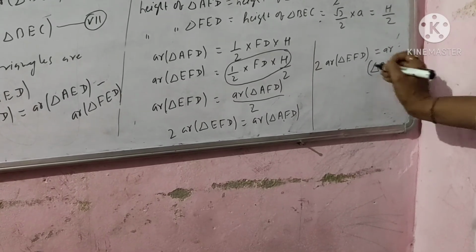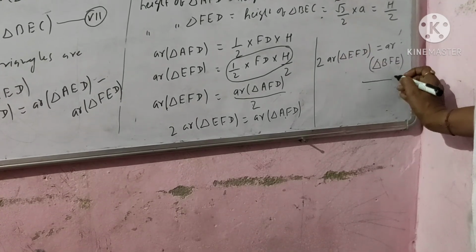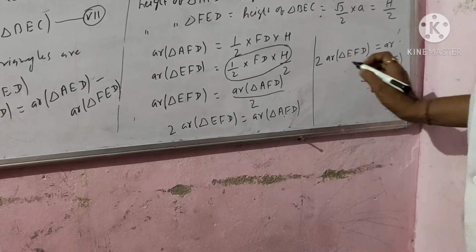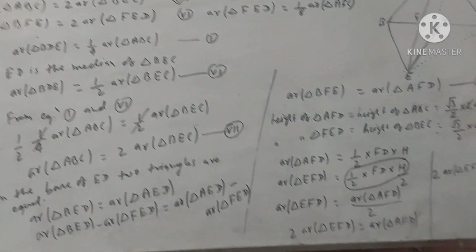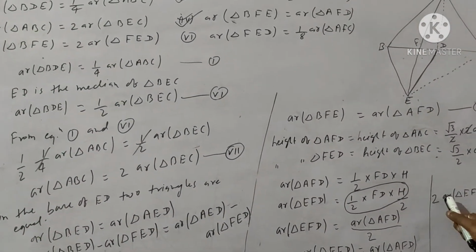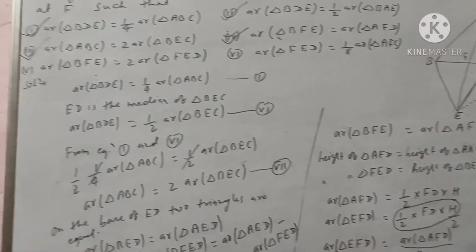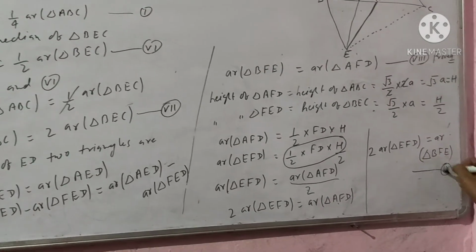This equation is equation 9, and this is your fifth one. Look at here, area of triangle BFE is equal to 2 times area of triangle EFD. So this is your ninth one proved.